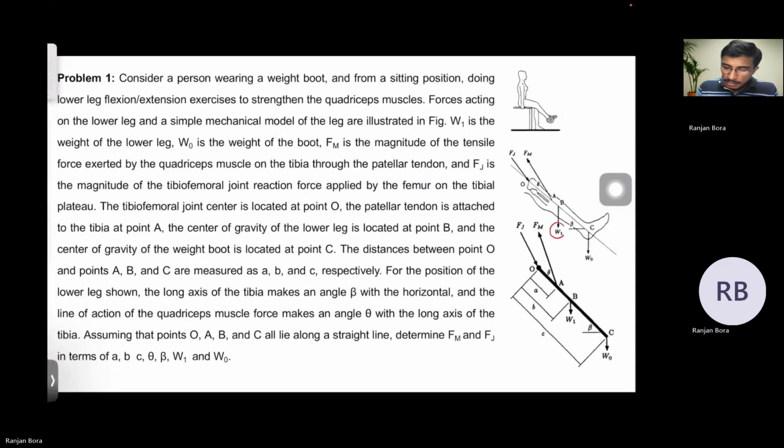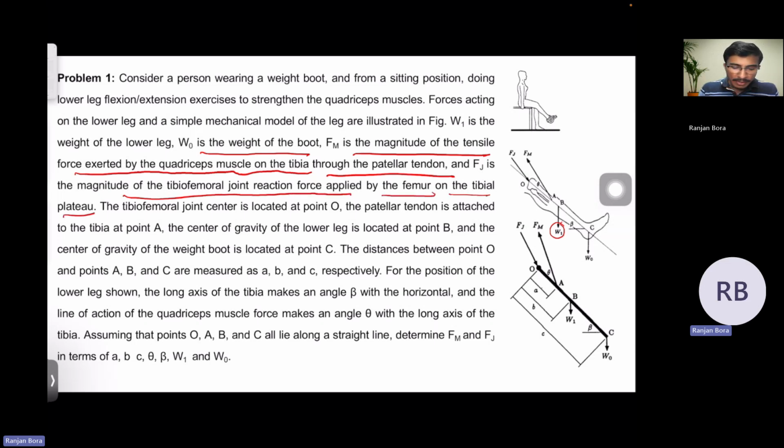W1 is the weight of the lower leg, W0 is the weight of the boot, Fm is the magnitude of the tensile force exerted by the quadriceps muscles on the tibia through the patellar tendon, and Fj is the magnitude of the tibiofemoral joint reaction force applied by the femur on the tibial plateau. The tibiofemoral joint center is located at point O. The patellar tendon is attached to the tibia at point A.